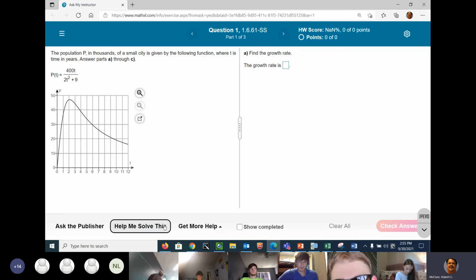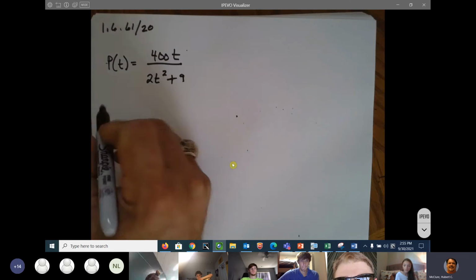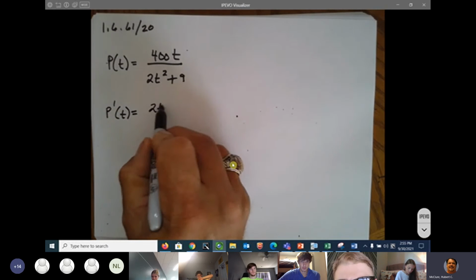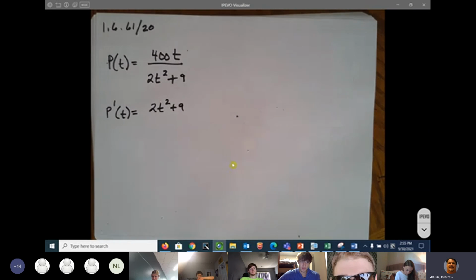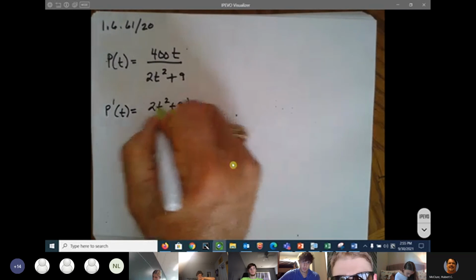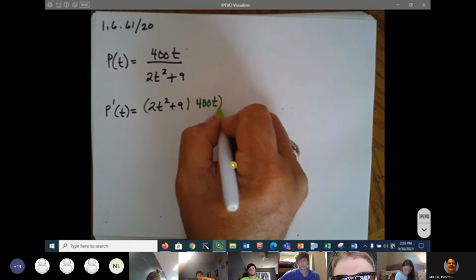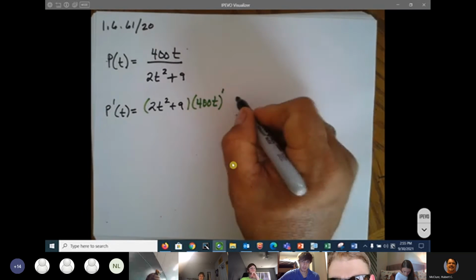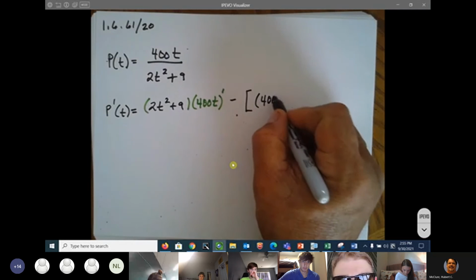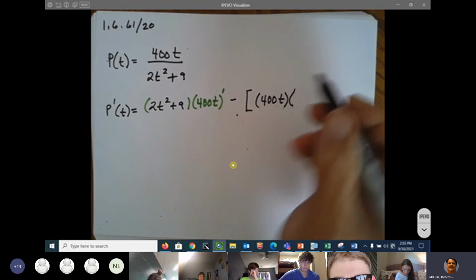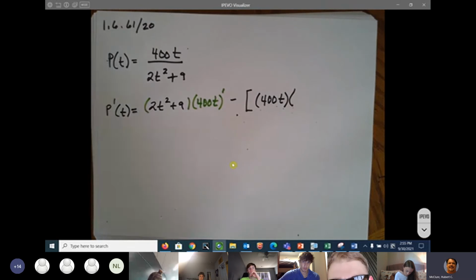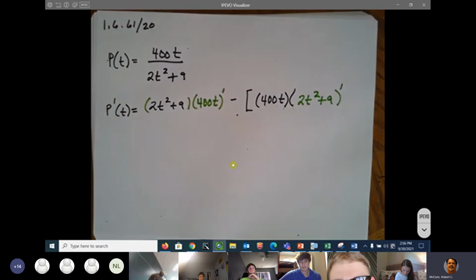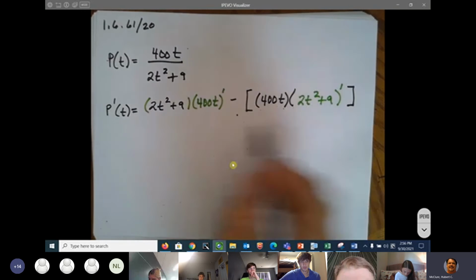So here we go. P prime of T is equal to denominator times numerator prime, minus the numerator times denominator prime, over denominator squared.